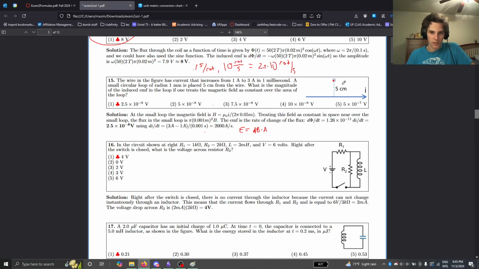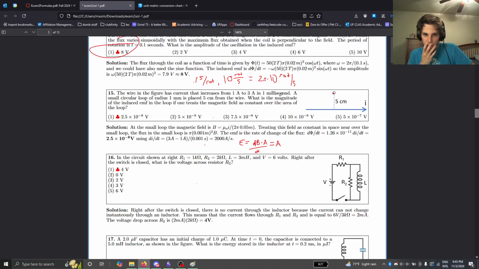Here it is not changing, the area which you're assessing over is not changing. Is the angle to the B field changing? No, it's not, so you don't have to put in an angle. So we have just the A here, which we can solve for.